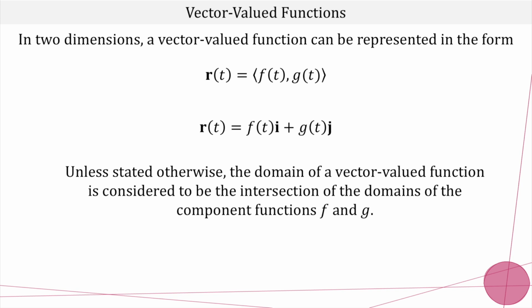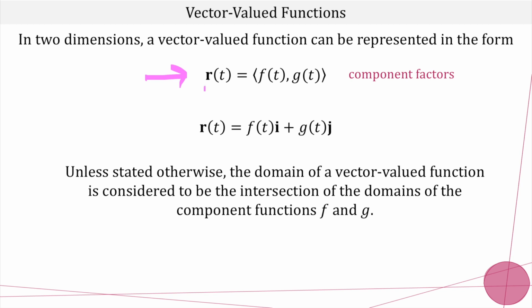In 2 dimensions, a vector valued function can be represented in a couple different forms. The first form here, r of t, is called component notation, or we're using component vectors.